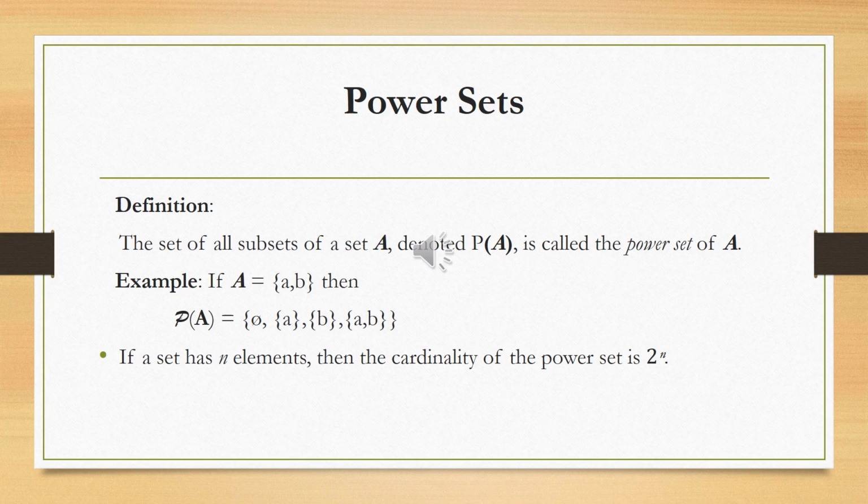So all these are elements of the power set. If a set has n elements, then the cardinality of the power set is 2 raised to the power of n.